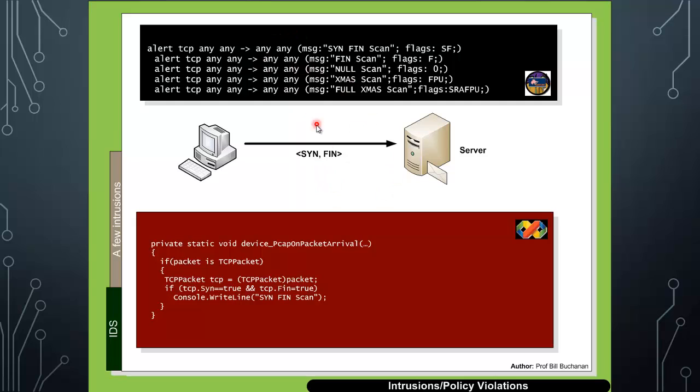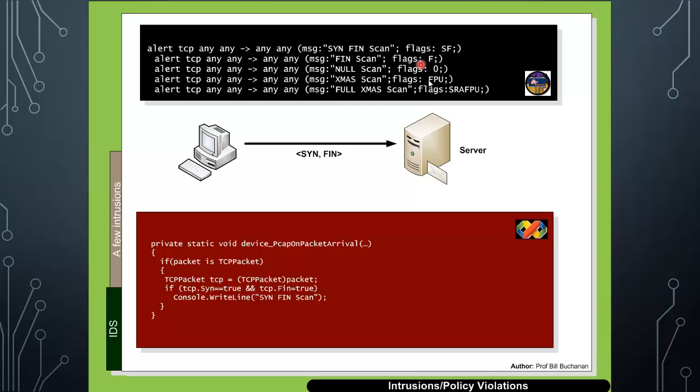As we'll find out, there are certain scans that an intruder might do. One of them is a SYN-FIN scan. A SYN-FIN is a very strange mix: it's a start and an end of a connection. So an intruder can send in SYN-FIN, and in this case we can detect that. A FIN scan is purely FINs coming in.